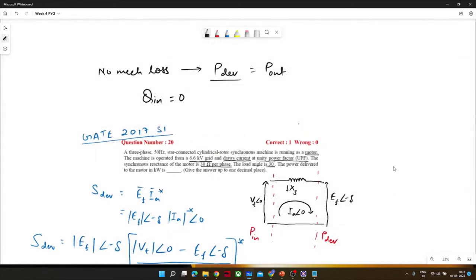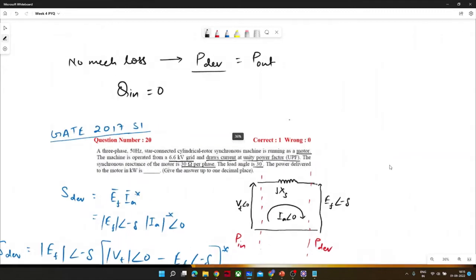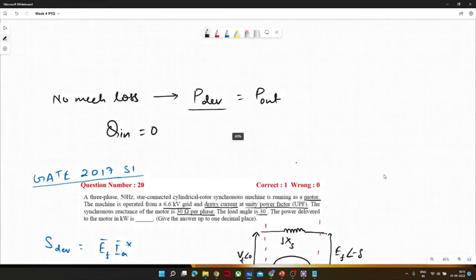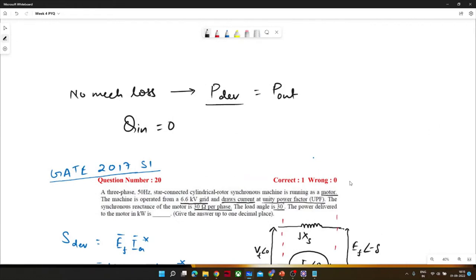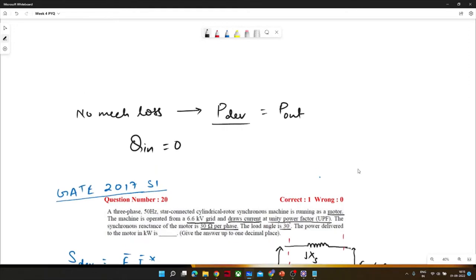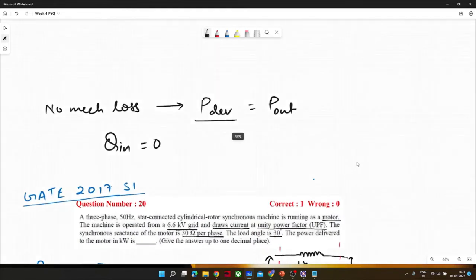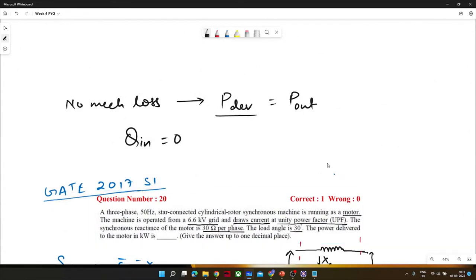It is again based on synchronous machine. So we will discuss what this is. I guess I haven't discussed this problem earlier, right? Can anybody confirm? No, I guess it is a new problem. Anyway, let us go ahead with this problem.